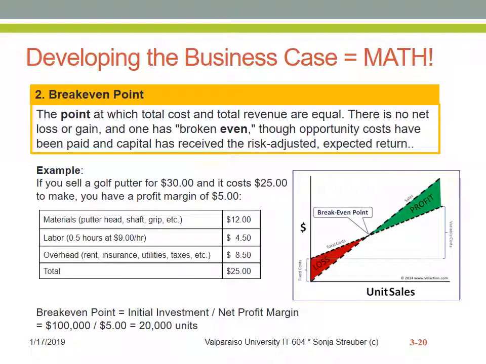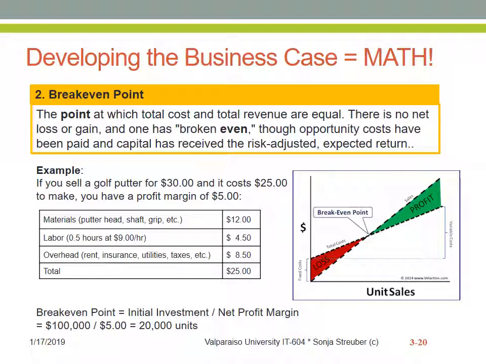Our example here is that you sell a golf putter for $30 and it costs $25 to make, so that your profit margin is $5. And then the question is, what is your break-even point? That is, how many units do you have to sell in order to turn your investment into a profit?